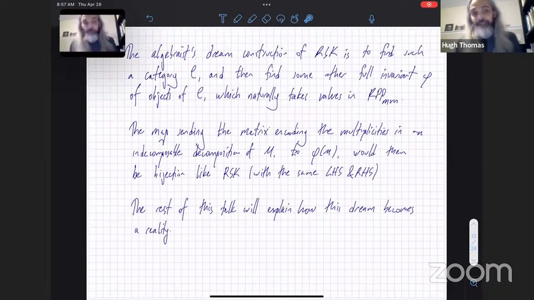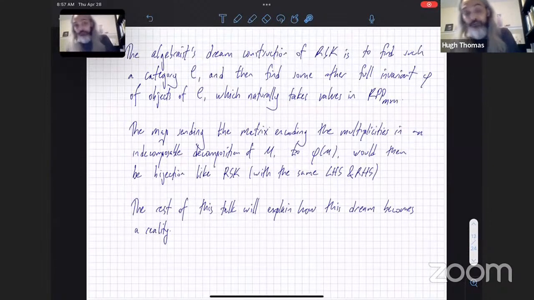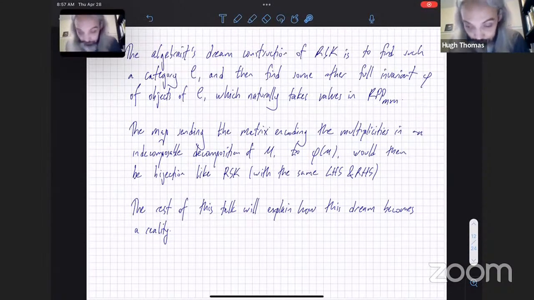But then if we had some other invariant that was naturally taking values in the reverse plane partitions, and such that two different isoclasses of objects would give you two different reverse plane partitions, well, that would prove RSK, and that would provide an algebraic version of RSK. So that's the idea. And so the rest of my talk is going to be explaining how we can actually carry that out.